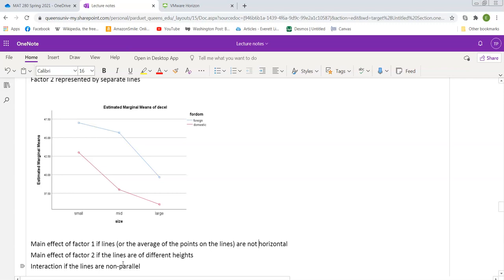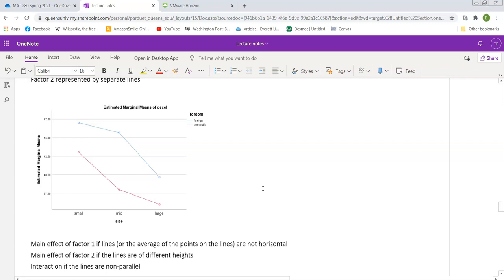So in this case, these lines look like they're pretty much parallel to me. Now all of this, I should say, is subjective. We're going to look at the significance tests in a minute, but for right now, those don't look terribly non-parallel to me.